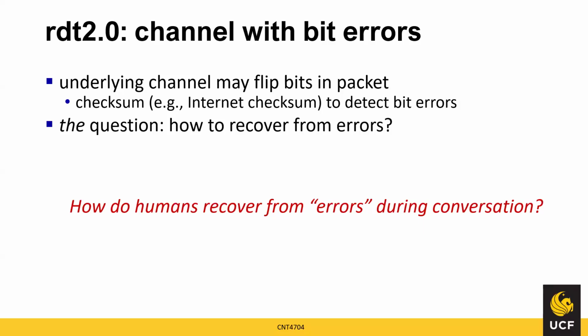And if you heard it correctly, you would nod or give a confirmation saying, hey, I have received the data properly or accurately. Network protocols are going to work the same way with feedback, communication and retransmission. That is the idea we're about to formalize in RDT 2.0, the channel with all these characteristics.